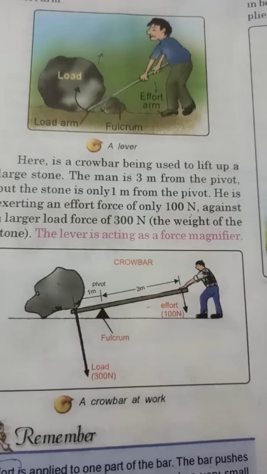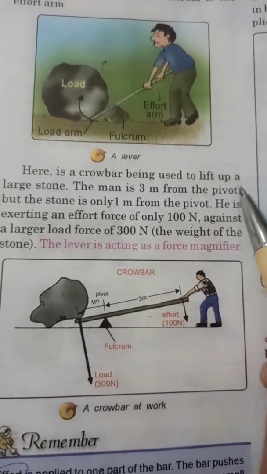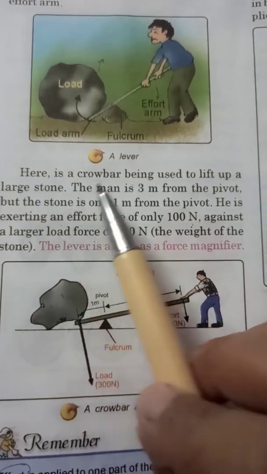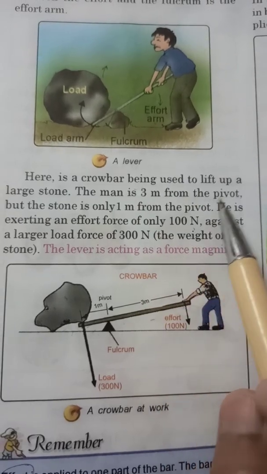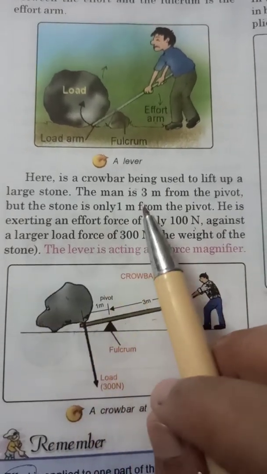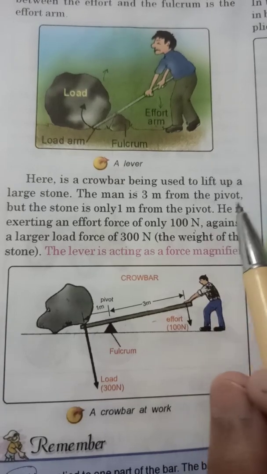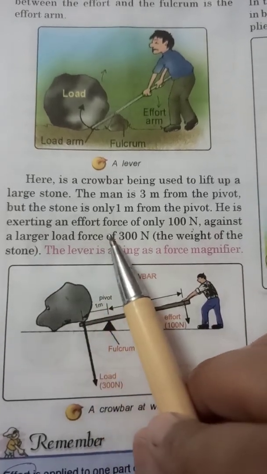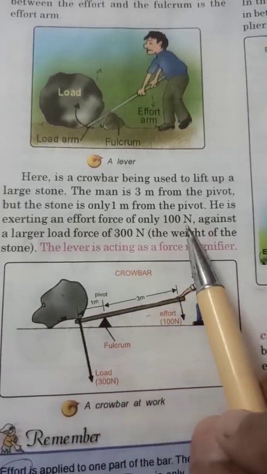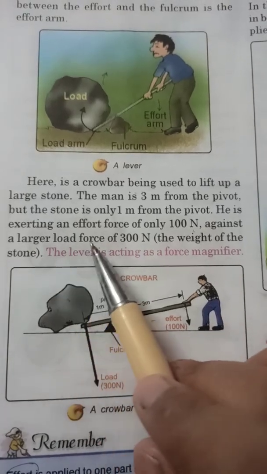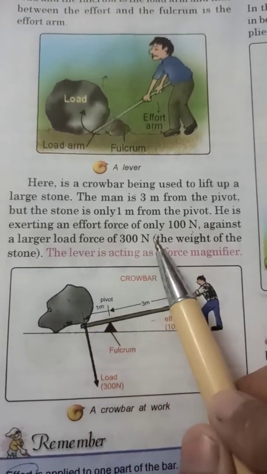Here is a crowbar being used to lift up a large stone. The man is 3 meters from the pivot, but the stone is only 1 meter from the pivot. He is exerting an effort force of only 100 Newton against a larger load force of 300 Newton, the weight of the stone.